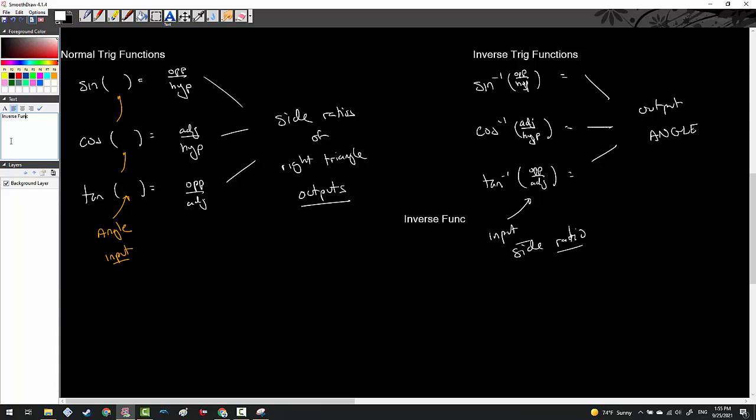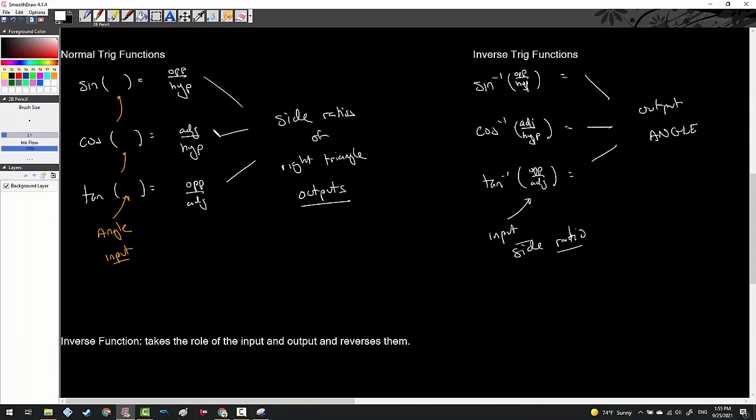The inverse function, at its core, takes the role of the input and output and reverses them. And we see that happening here, where we used to put in the angle and then we got out the ratio of sides for the normal. And then for the inverse, we input the side ratio and output the angle.